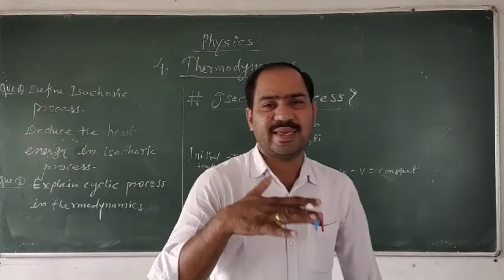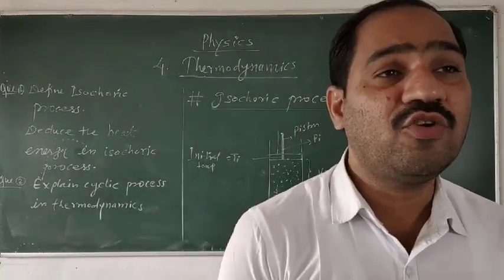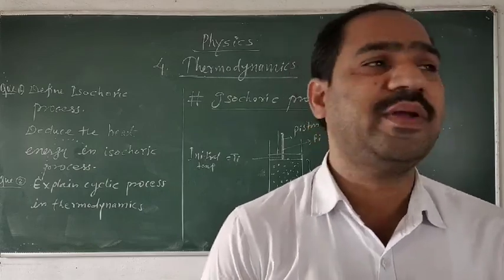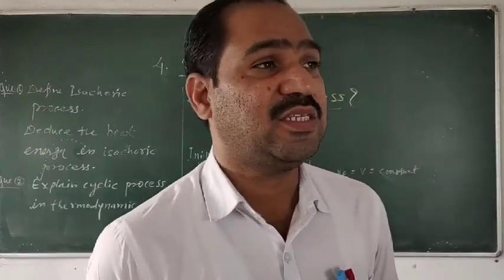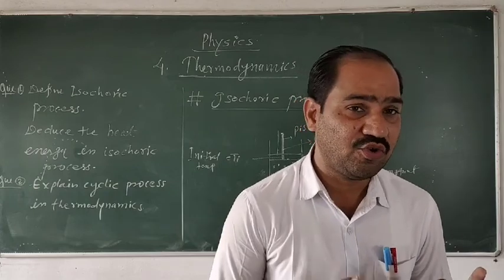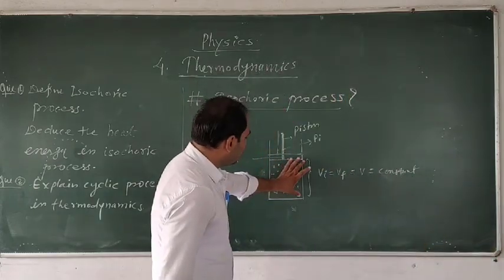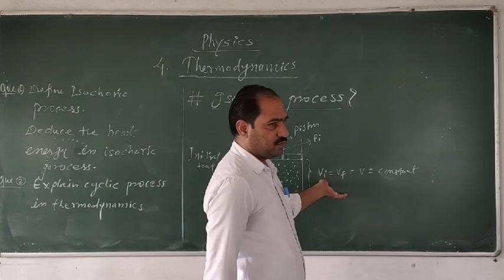When we compress or expand the gas, the volume doesn't change, but the pressure may change from its initial value Pi to Pf, and the temperature from Ti to Tf, the final value of the temperature. There is no change in the volume of the gas.